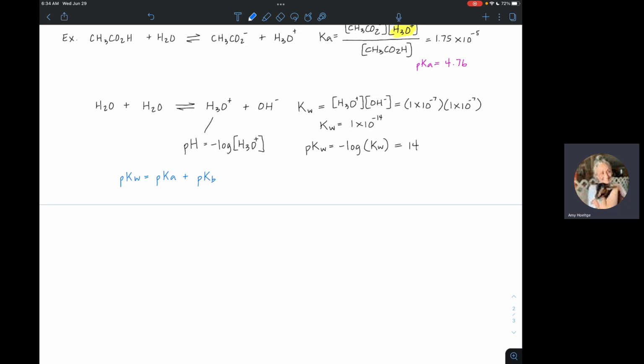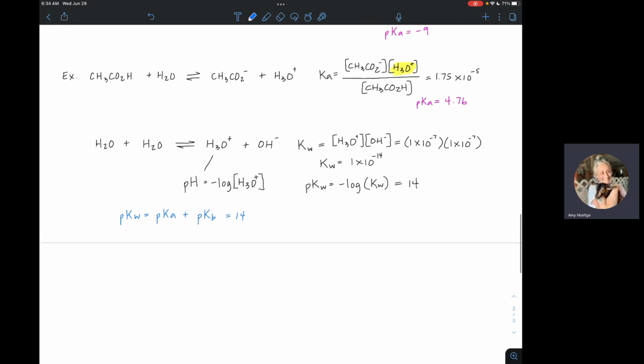The pKa of the hydronium ion would end up being 7, and the pKb of hydroxide would end up being 7. And so this would end up being 14. So in general, if I give you a pKa and you're wondering like, okay, let me wrap my mind around the pKb, if that's more helpful to you, then just take 14 and subtract the pKa. You'll have the pKb of the base.